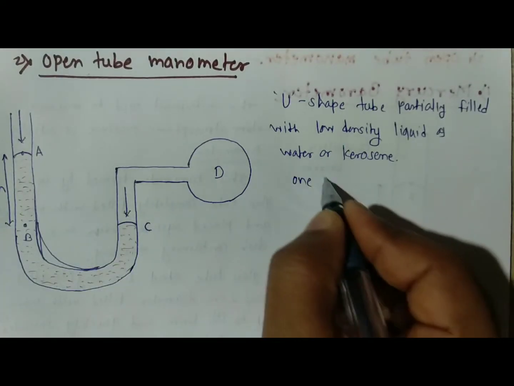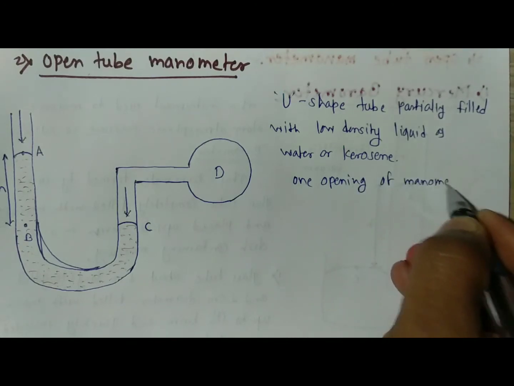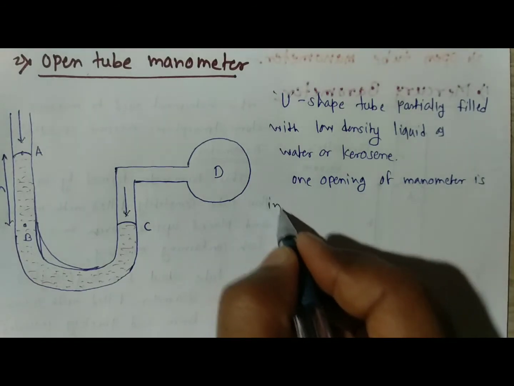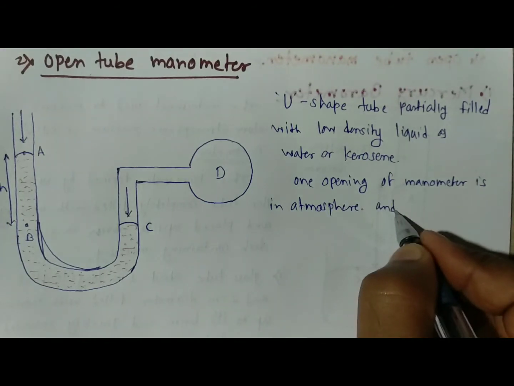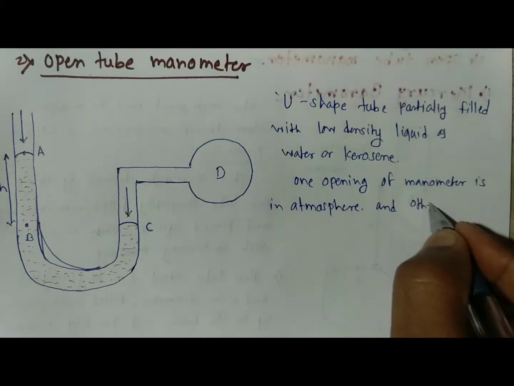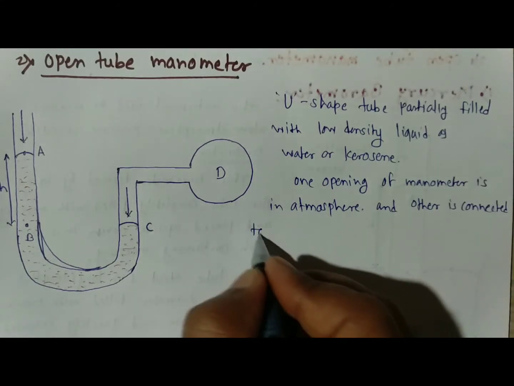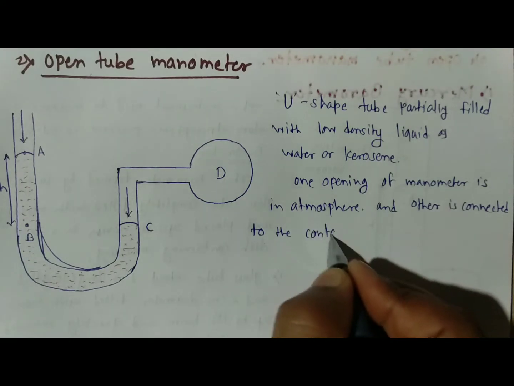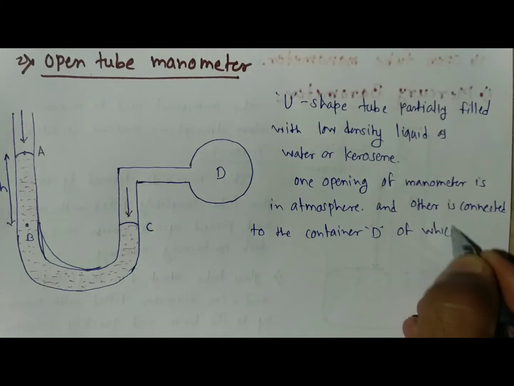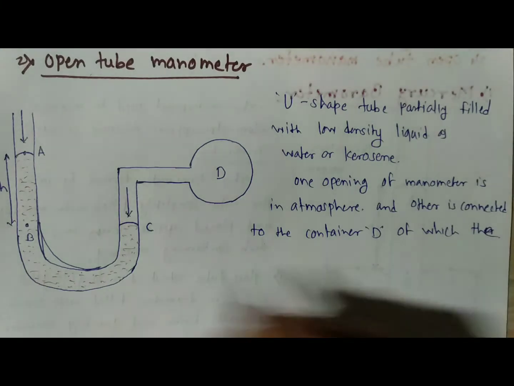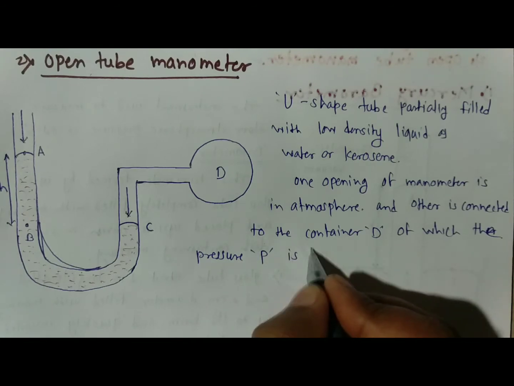One opening of the manometer is in the atmosphere, and the other is connected to the container D, of which the pressure P is to be measured.